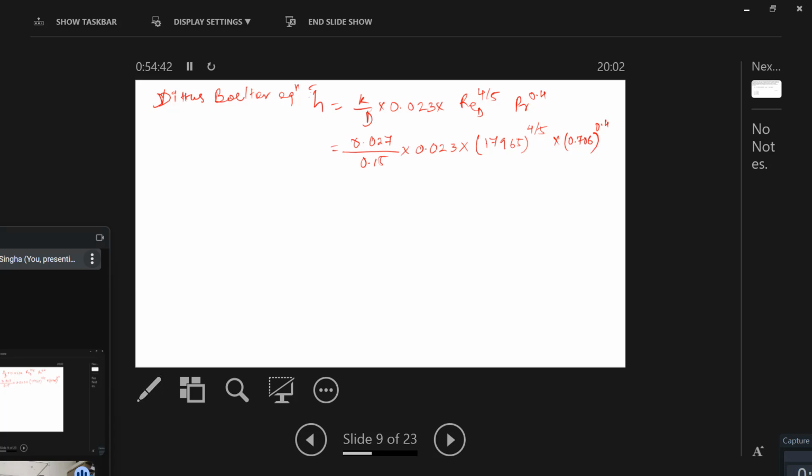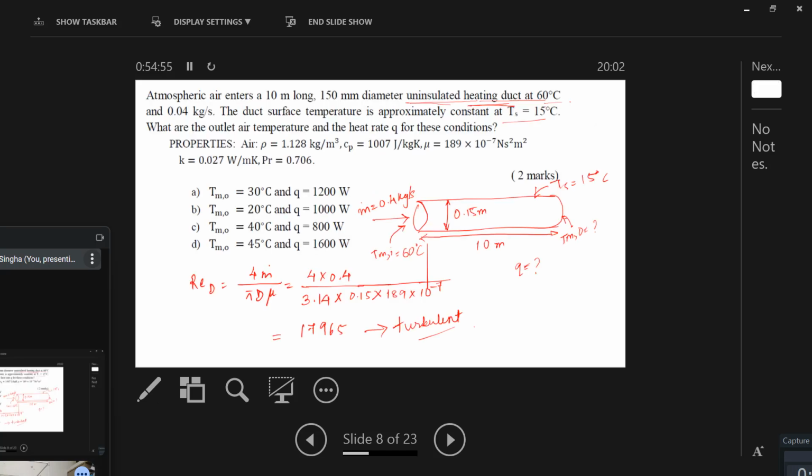How much do we get this as? This will come out to be around 9.44 watt per meter square Kelvin. So what was asked for this question? The outlet temperature and the heat rate, that is Tmo and q.